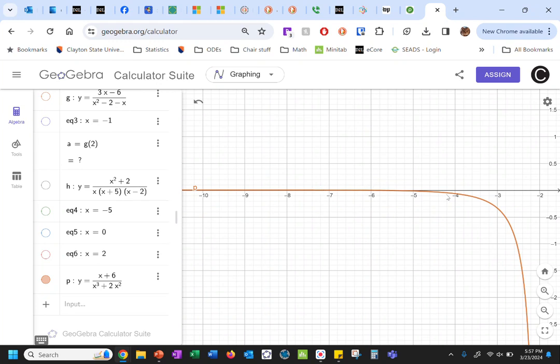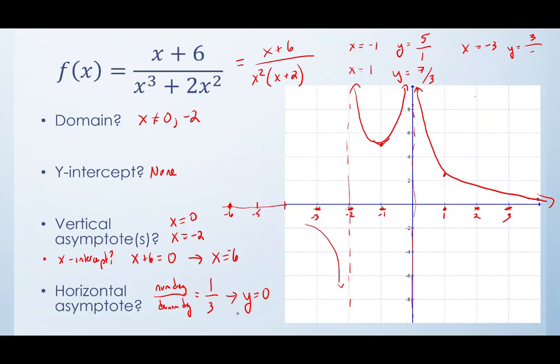If I click on here, it should tell me that I have a root at -6, and this is a local max. So it's basically coming just over the x-axis and then going back towards the x-axis. So we can go fix that in our sketch. We can just basically say we're doing that.